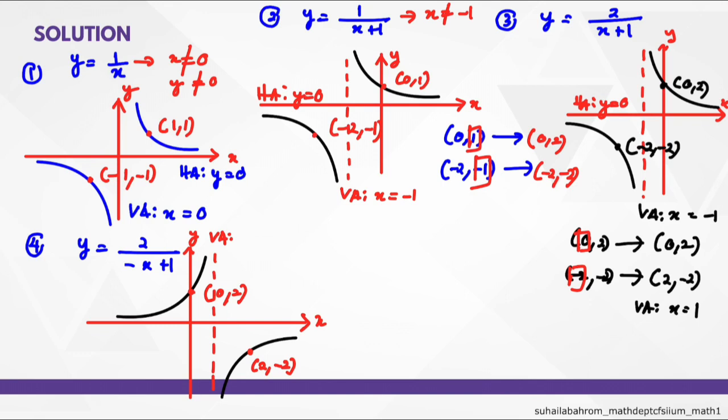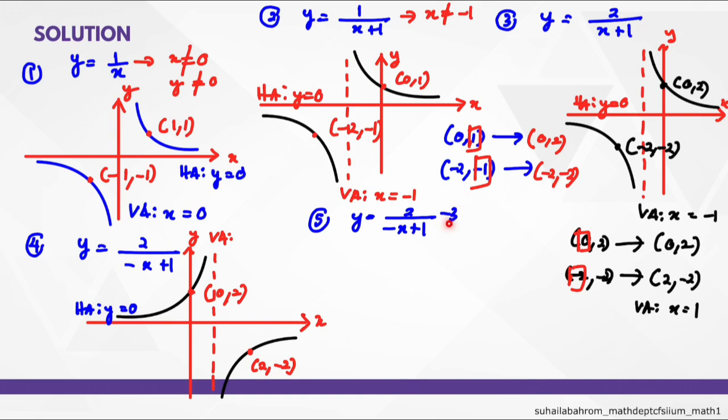Now let's move on to the last graph, which is y equals 2 over -x plus 1, minus 3. And we have decided just now the transformation technique is shift downward 3 units. Originally, in this case, our horizontal asymptote is y equals 0.